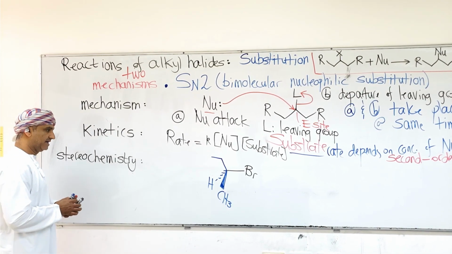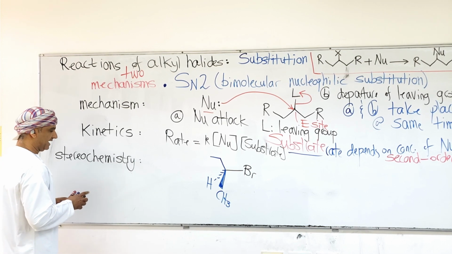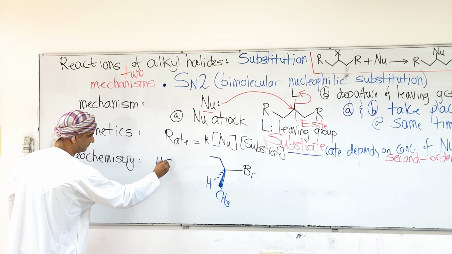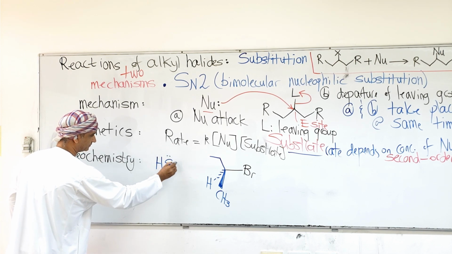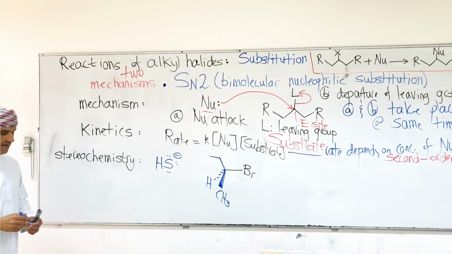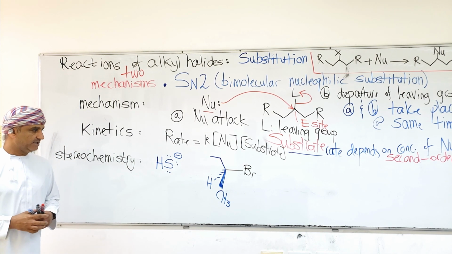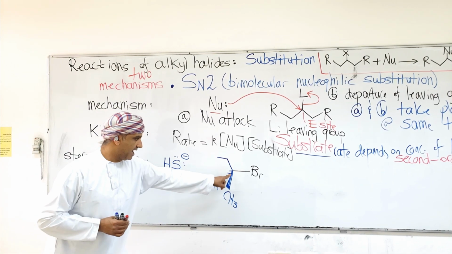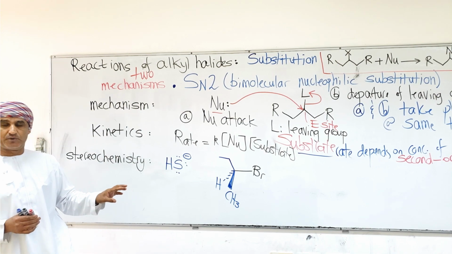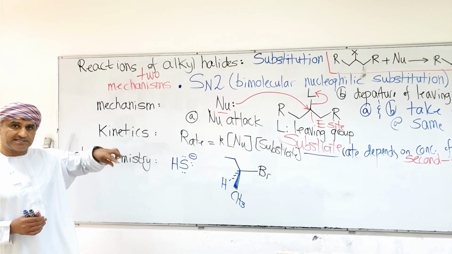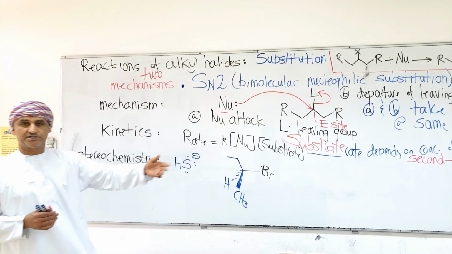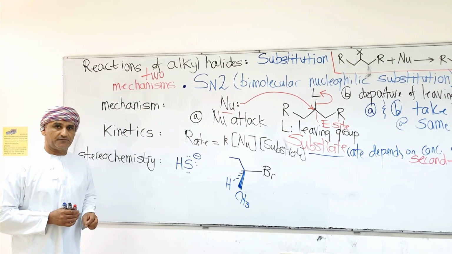If we take a nucleophile like hydrosulfide, the hydrosulfide ion is going to attack this carbon, which is the electrophilic site in the alkyl bromide, with simultaneous breakage of the CBr bond, or departure of the leaving group.